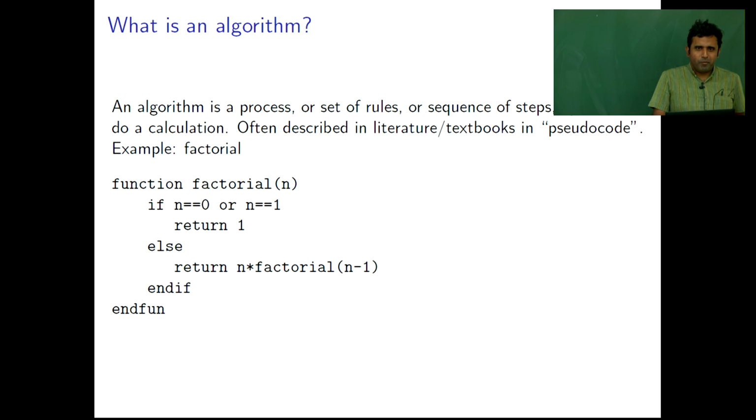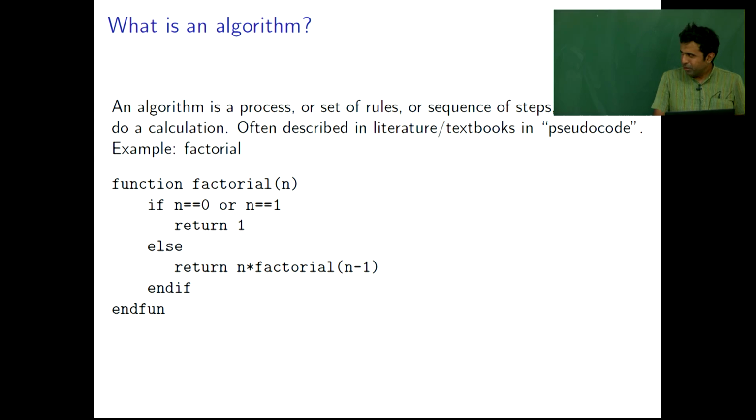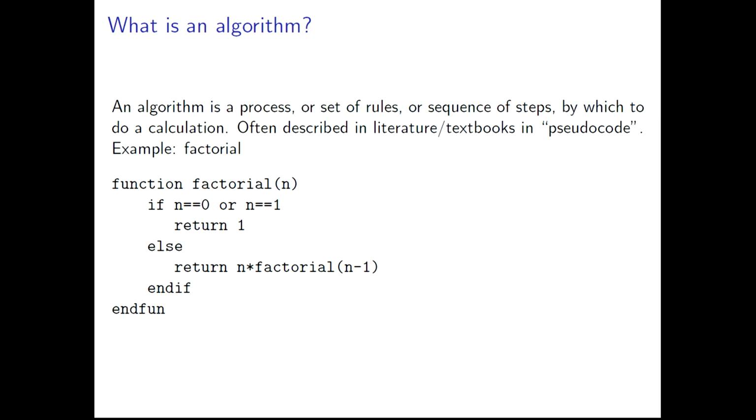To take perhaps the simplest possible example, one of the simplest examples you might have come across: how do you calculate the factorial of a number? The factorial of a number n is the product of all integers from 1 to n. In the previous lecture we talked about how to implement this function in Python, but today we'll talk about the complexity.